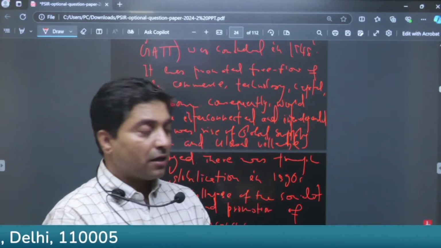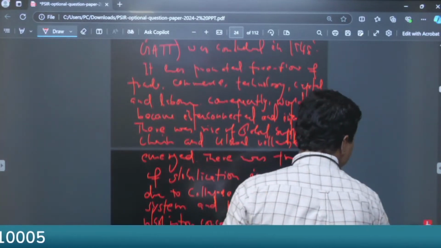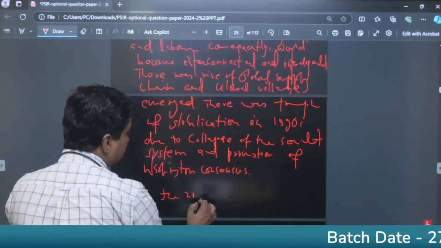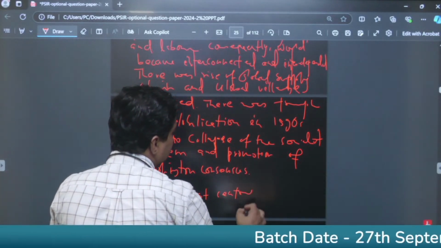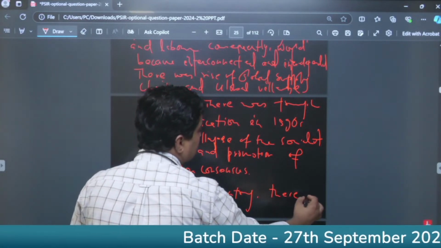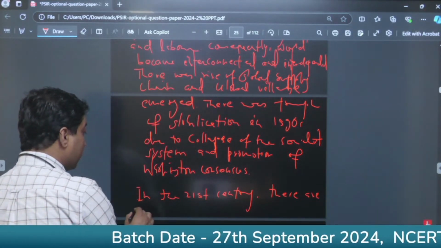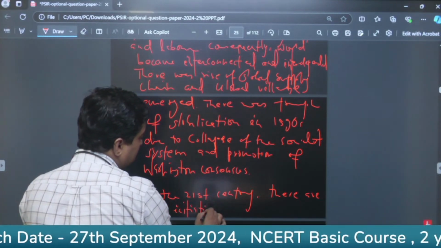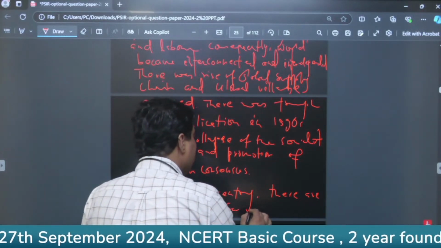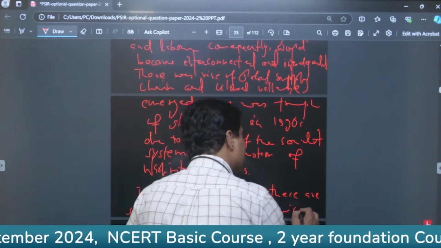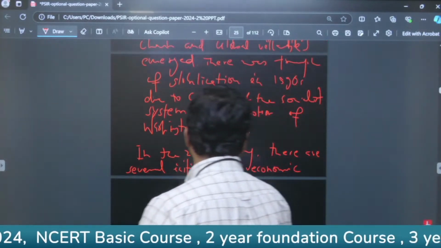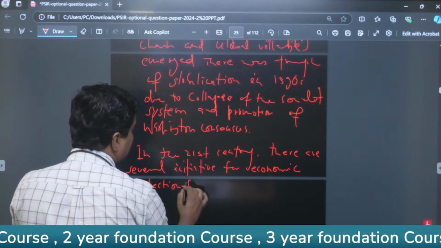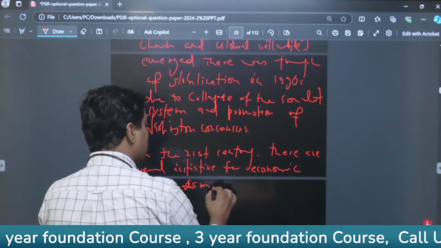So in the 21st century, there are several initiatives for economic protectionism.